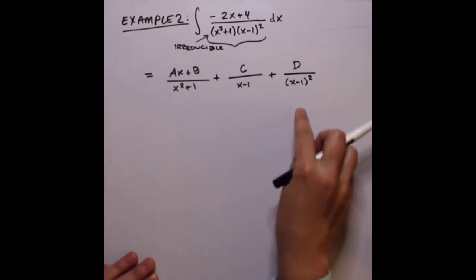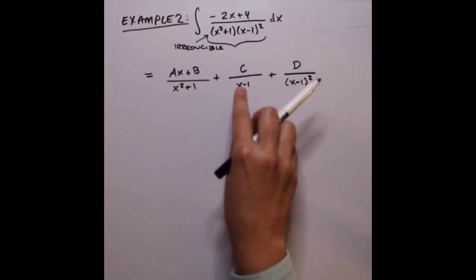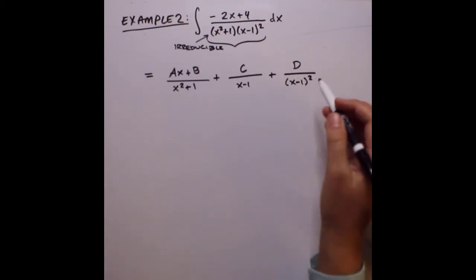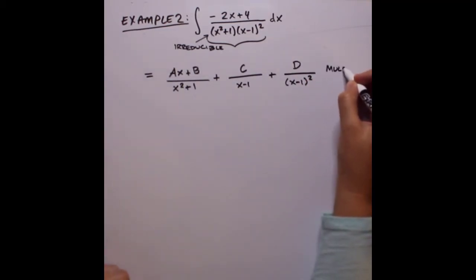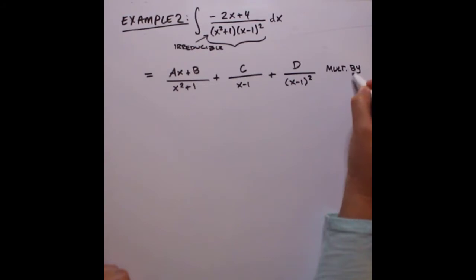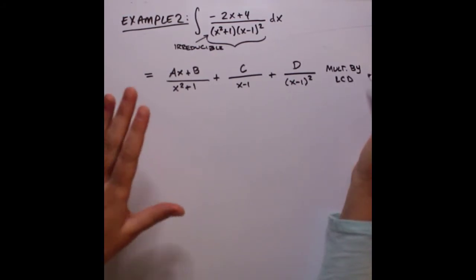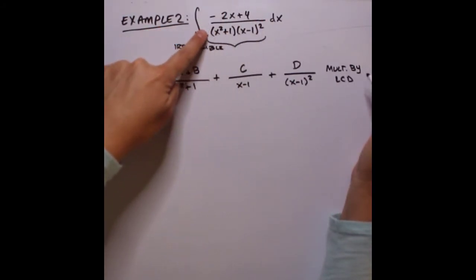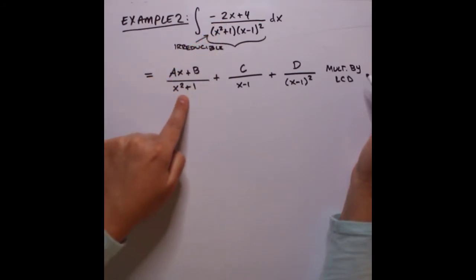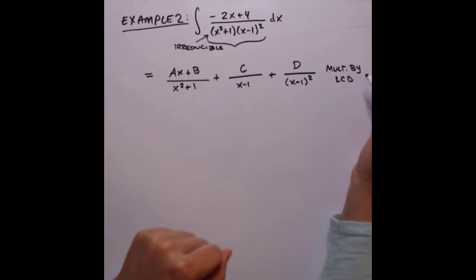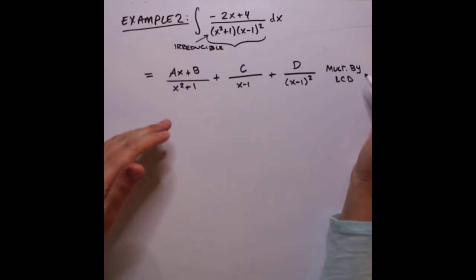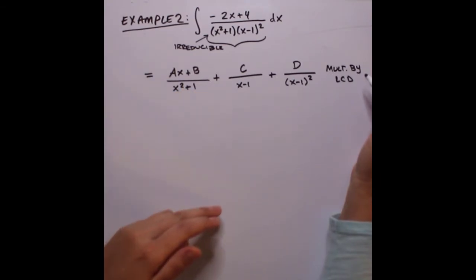Okay, so we'll break this down as far as what a, b, c, and d equal. And so remember how this works. You are going to multiply by the LCD. Officially, this integrand equals these three fractions added together. So when I multiply by the LCD, all the denominators are going to divide out.